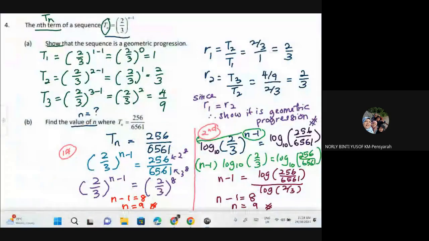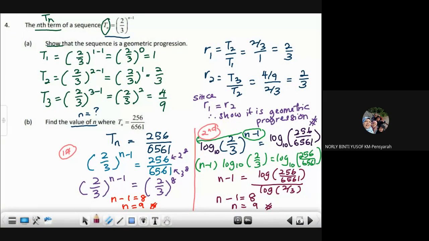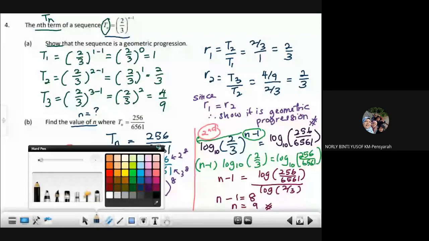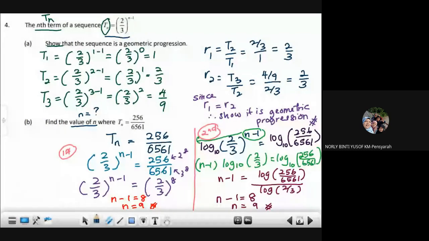Tak apalah, tak boleh buka calculator tu. Tapi boleh tekan calculator kan, nanti you akan dapat jawapan yang sama. Cuma you tekan kat calculator tu, log 10 tu, 256 per dengan 6561. Base dia 10 lah. Ni base dia 10. So you bahagi, nanti you akan dapat jawapannya 8. Sama.